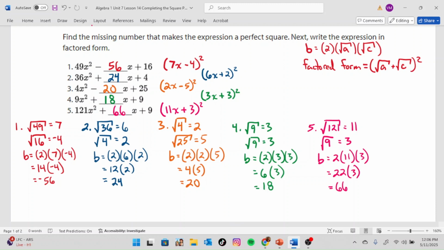Let's check the answer. 11x times 11x is 121x squared. 11x times 3 is 33x, and 2 of those give us 66x. Then 3 times 3 is 9, so 66 is the correct missing number, and 11x plus 3 squared is the correct factored form.